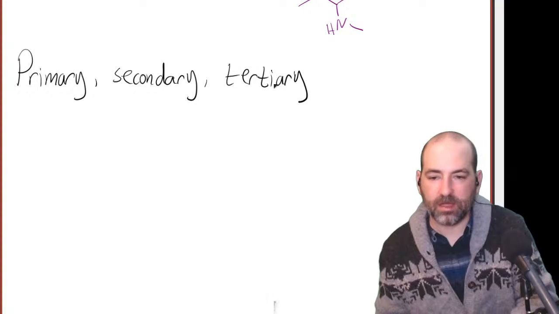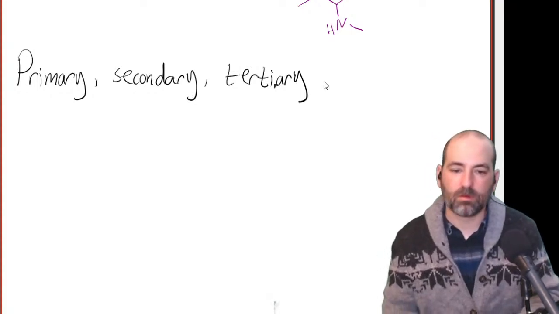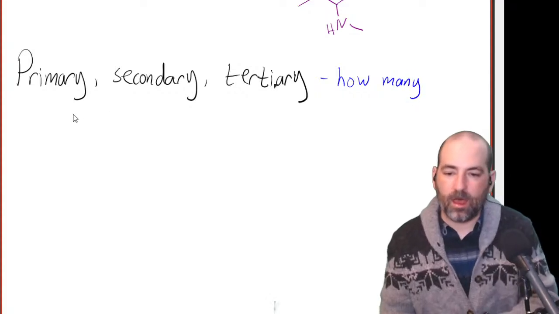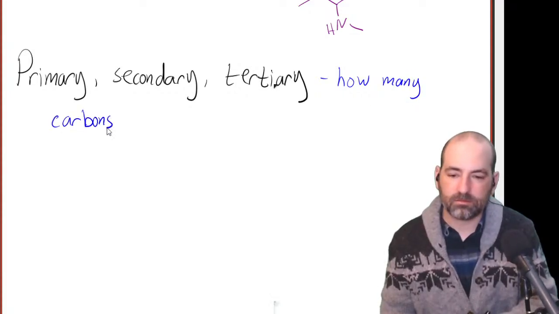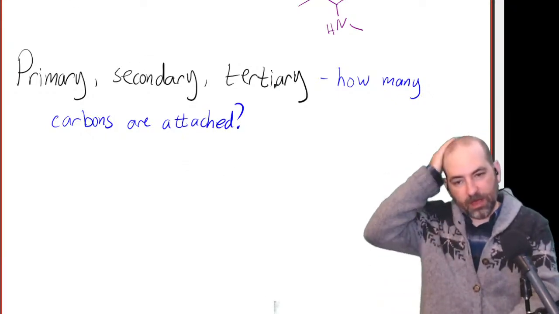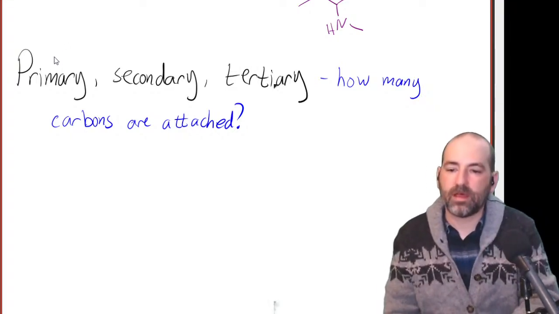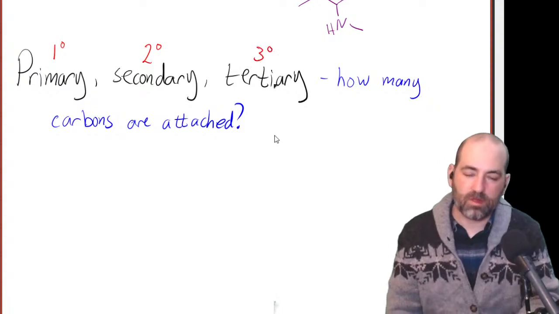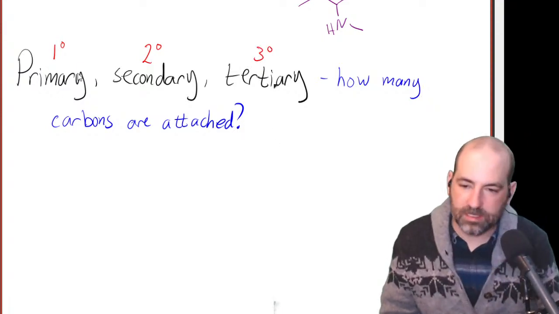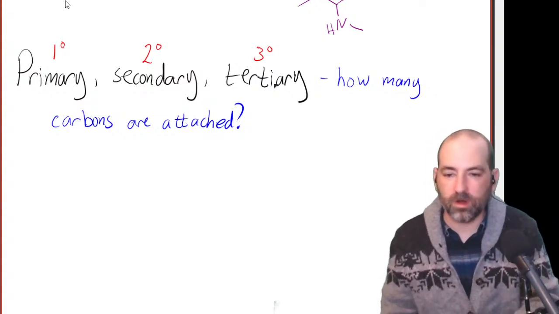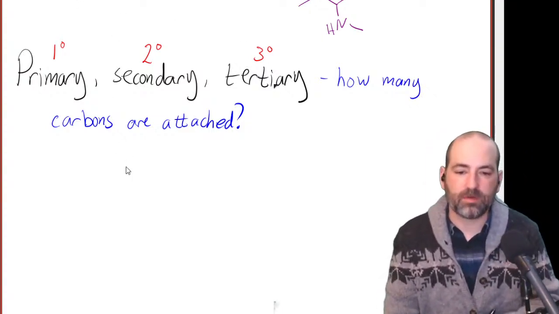They correspond to how many carbons are attached to something. Primary is also sometimes labeled as a 1 with a little circle, secondary 2, and tertiary 3. So if you had 1 carbon attached to something, you might call that primary, 2 carbons secondary, 3 carbons tertiary. So let's see how that works with some of those functional groups that we just talked about.